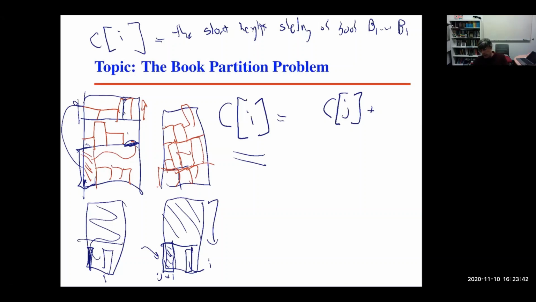I am going to claim that it's going to be the max of the height h sub k as k goes from J plus 1 to I.